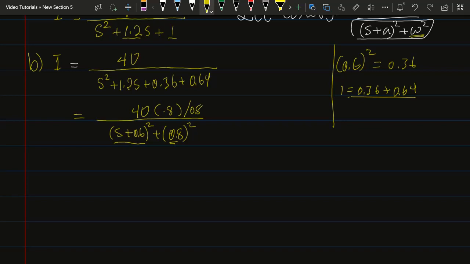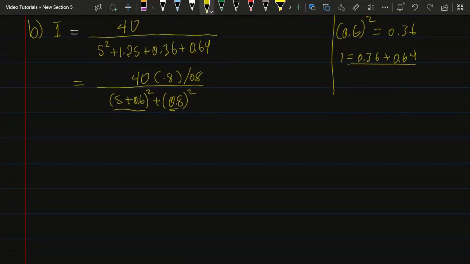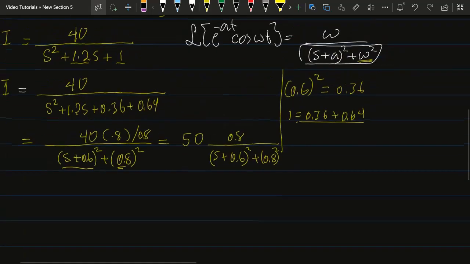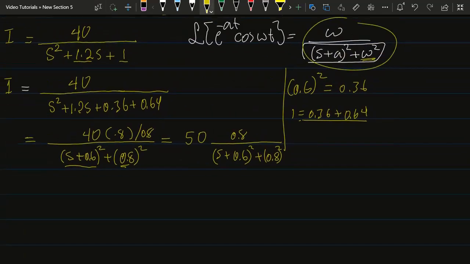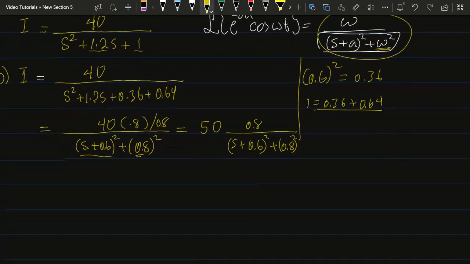So I just multiplied and divided by 0.8. So now the constant becomes 40 over 0.8, which is 50. That's a constant. And then for the rest, I have the fraction 0.8 over s plus 0.6 square plus 0.8 square, and this matches exactly this form in here.